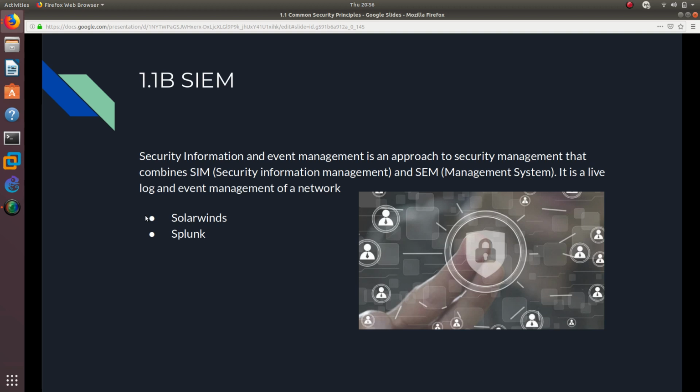Some of you might know SolarWinds, which they always ask you to install whenever you install GNS3. It's like a 300 value software, so they're always trying to sell you, and they try to give it to you for free. I never installed it before, so I don't know how free it is. Another tool you can use is Splunk.